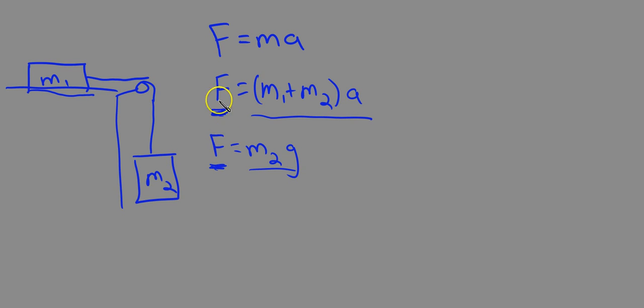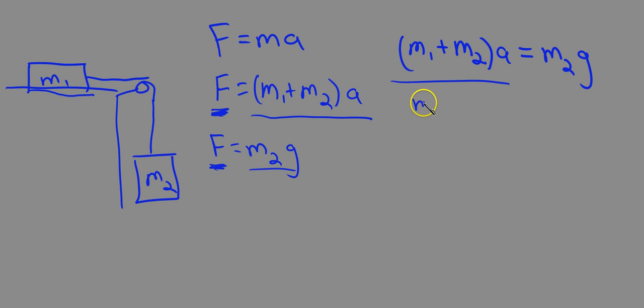So because my force is the same, I can make these two things equal to each other. So here, if I have m1 plus m2 times my acceleration, that's going to be equal to my second mass times my acceleration due to gravity. And here you can actually solve for this question by isolating acceleration.